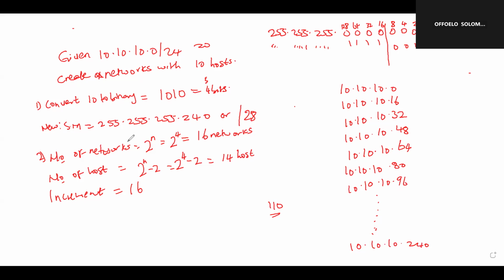So we're going to be using 4 networks from here in our topology. Let's get the range of this network. Solomon, give me the range of this network. This network is going to range from what? I didn't hear you.